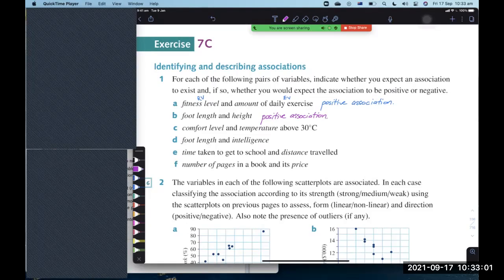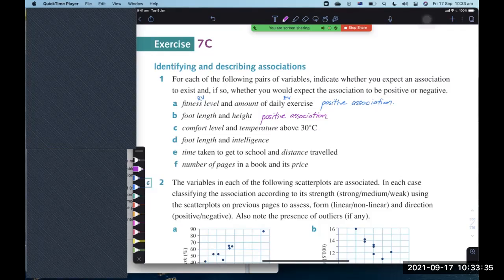Your comfort level and the temperature above 30 degrees Celsius. Do you reckon there's some sort of association here? Saying the specific temperature is too specific. If it just said temperature and comfort level, maybe there would be an association.